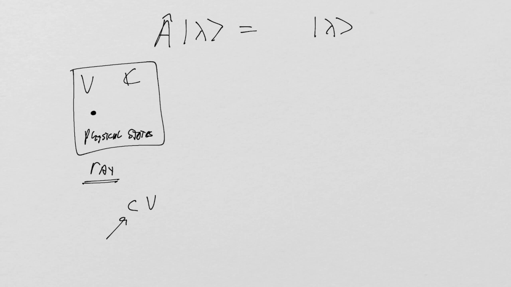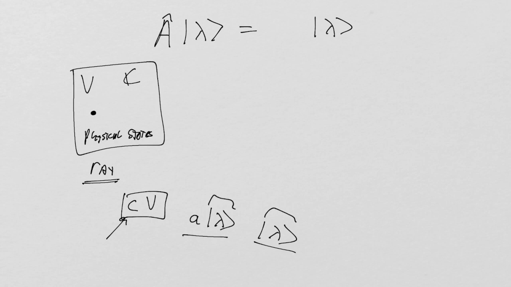And the point is, a physical state is really represented by a ray. So any element of the vector space that looks like some complex number times lambda is actually the same physical state as represented by lambda. The ket is the state in question.